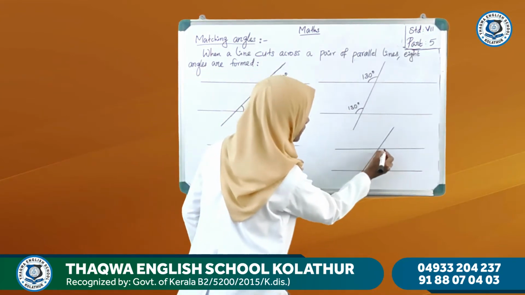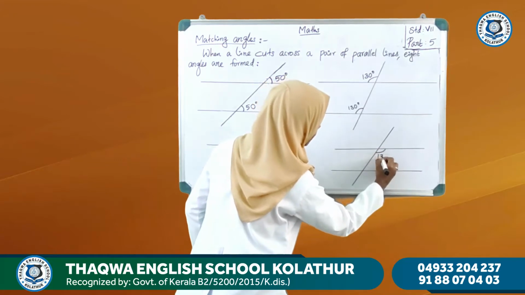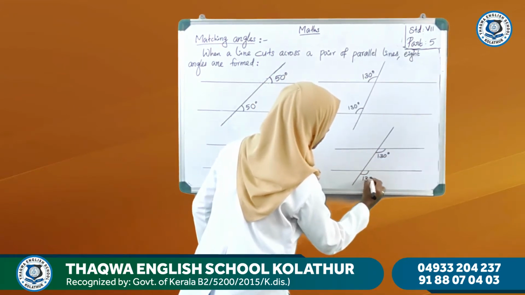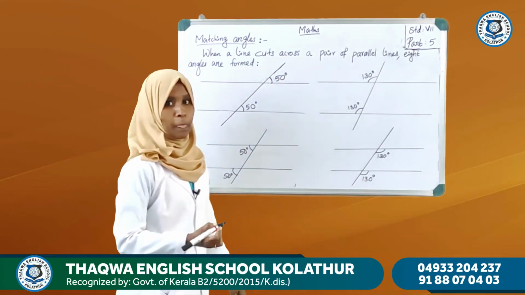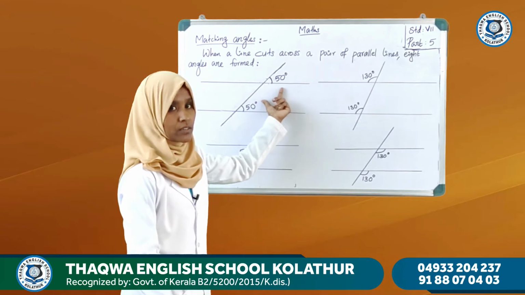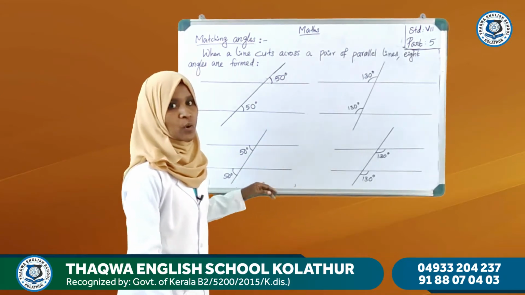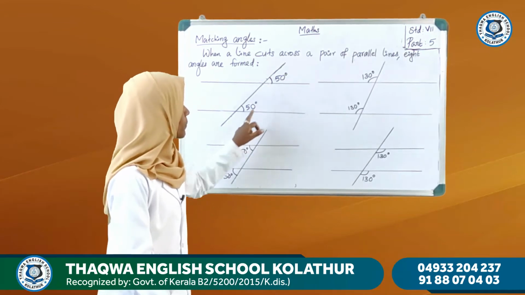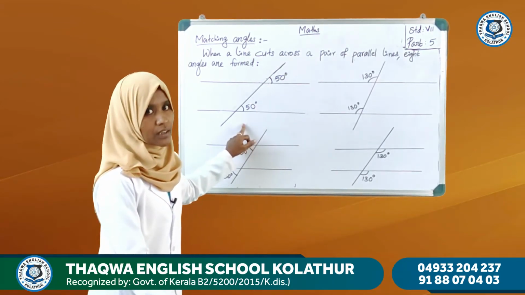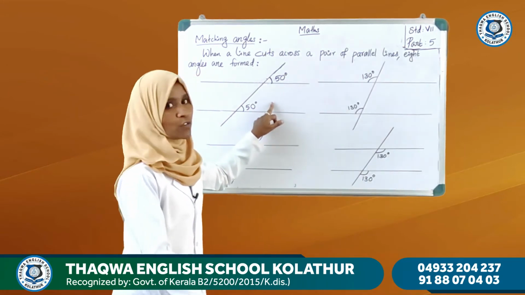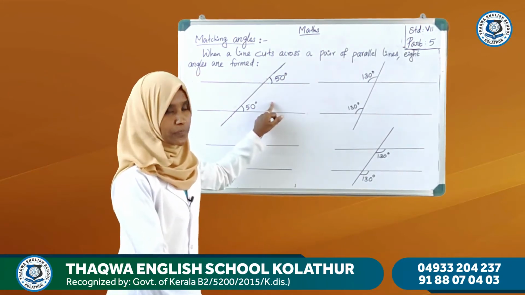Then in the fourth figure here 130 and here also 130 degrees. So we got 4 pairs of equal angles. There are 8 angles, and 4 pairs are equal.